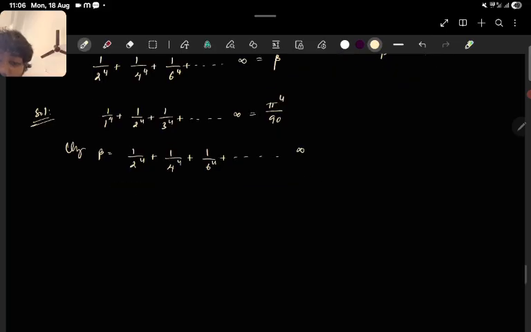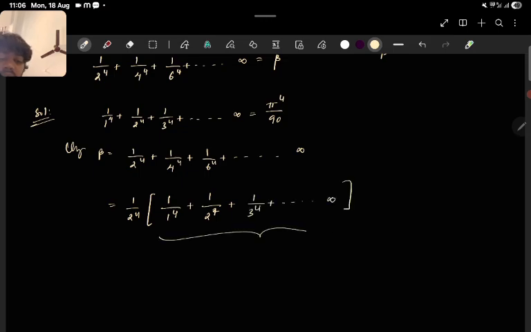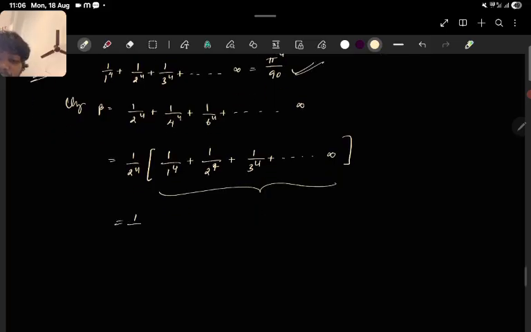Can I take 2 power 4 common out of all the terms? It will become 1 power 4 plus 1 upon 2 power 4 plus 1 upon 3 power 4 and so on up to infinity. What is this value? This will be 16 pi power 4 by 90. Any doubts? This is actually the beta value.